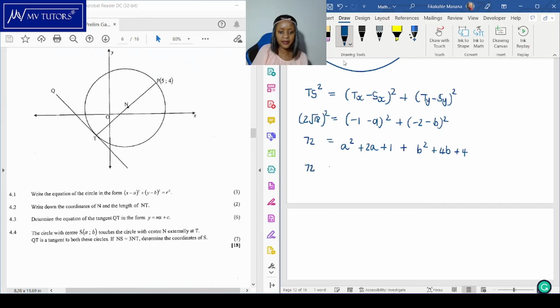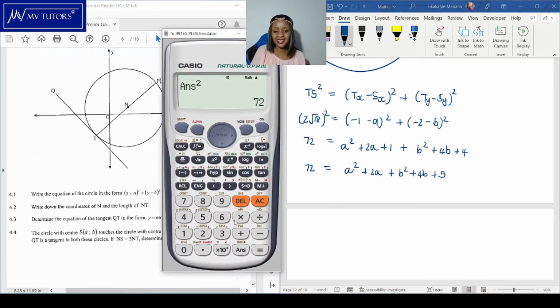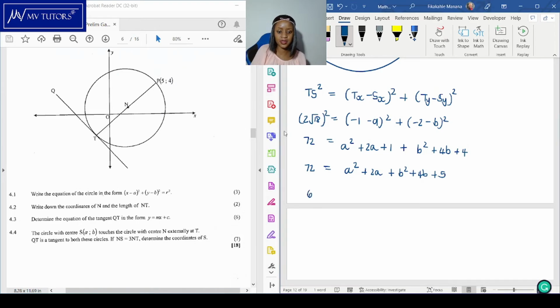If I simplify it further, I have a squared plus 2a plus b squared plus 4b plus 5. Okay, 72 minus 5 is 67. So 67 is equal to a squared plus 2a plus b squared plus 4b, and that is equation 1 for me.